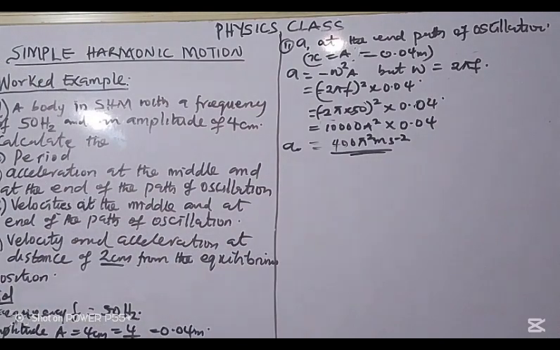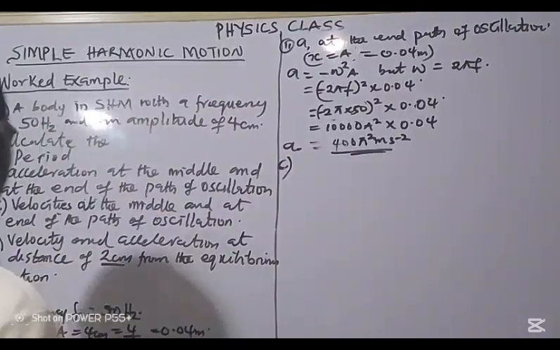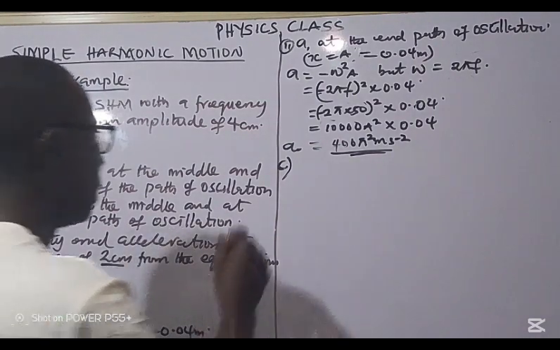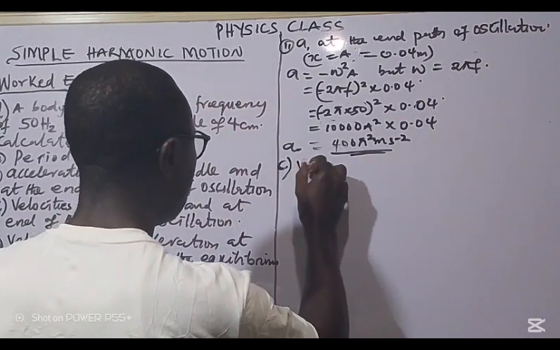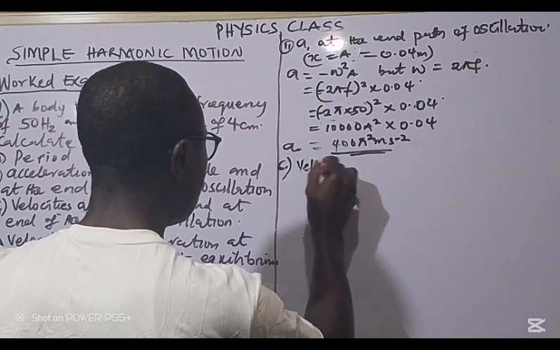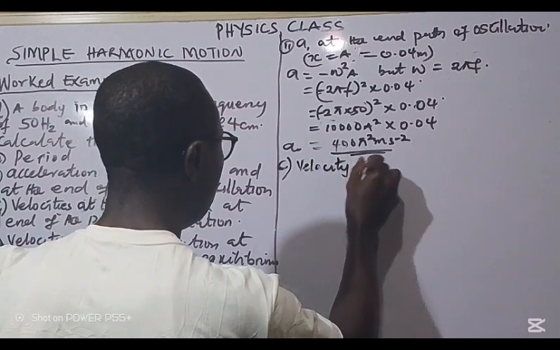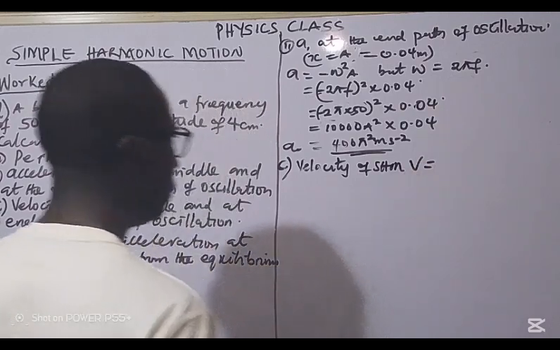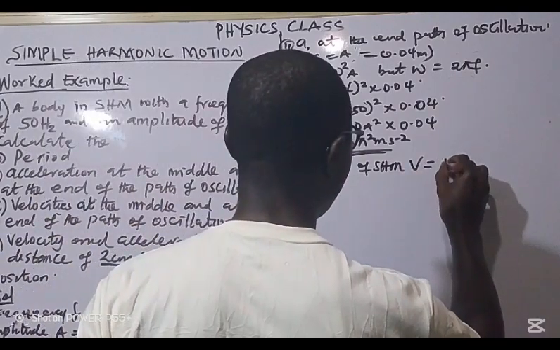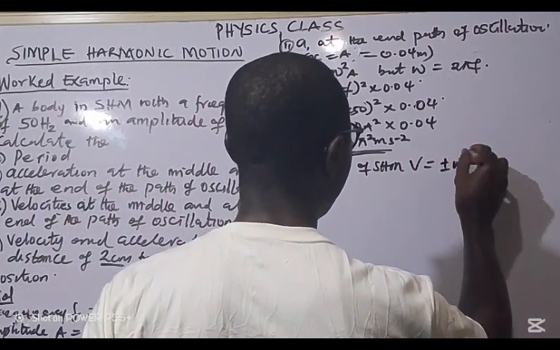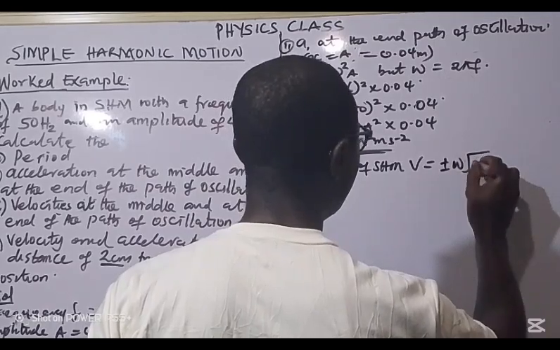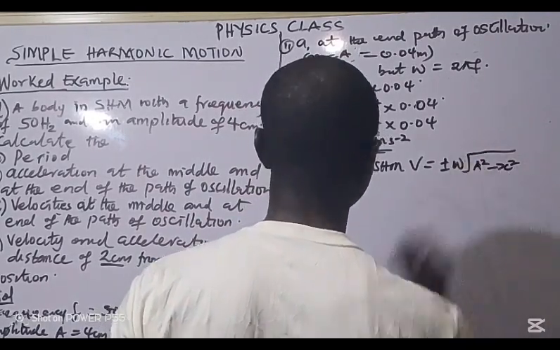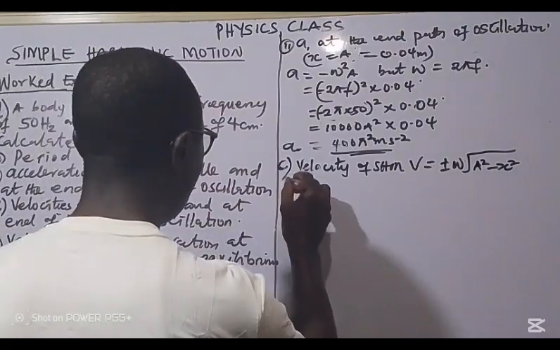The next is velocity at the middle and the end part. So velocity of SHM, v, is equal to, as we said, plus or minus omega square root of a square minus x square. Now, C1, v at the middle.